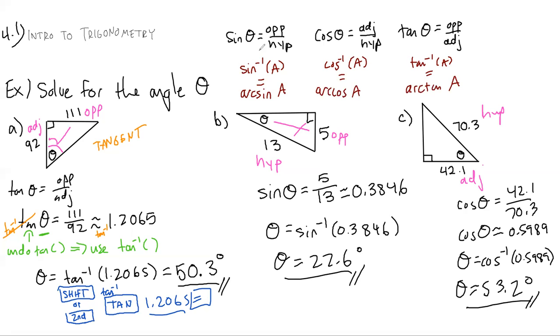Basically, because that raised power -1 is a little ambiguous. Does it mean a power or does it mean something else? In different cases, it means different things. So the arc sine, arc cos, arc tan are a little bit cleaner, but they're less commonly used. So just be aware that those are the exact same thing.